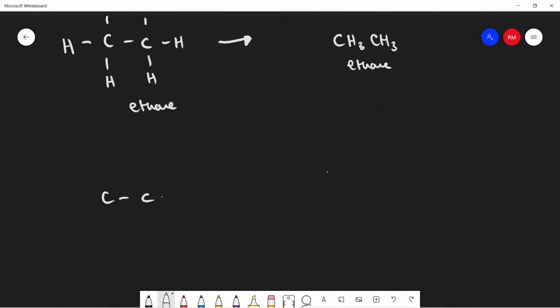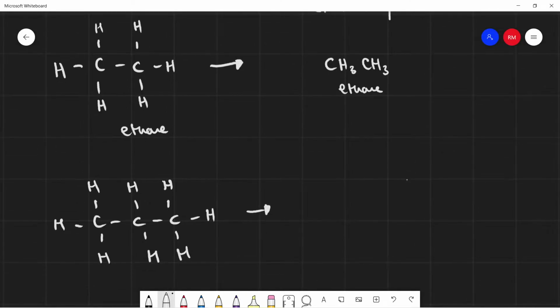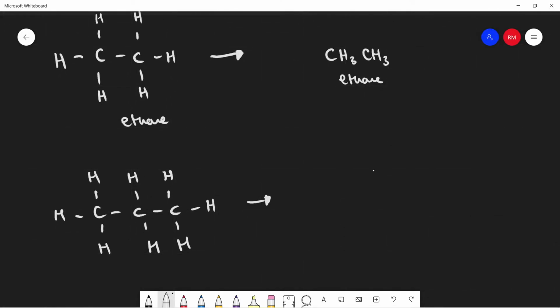So I'm going to give you maybe 5 seconds right now to just draw this propane displayed formula here in condensed structural formula, just like I've done with ethane. See if you guys can do that. So in the structural formula, this propane should look something like this: CH3, CH2, CH3, like this here.